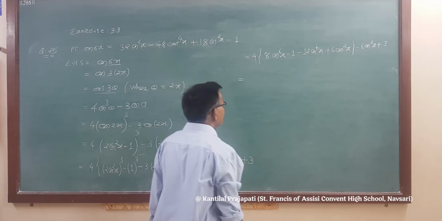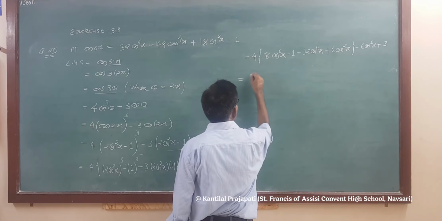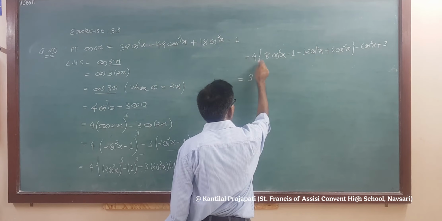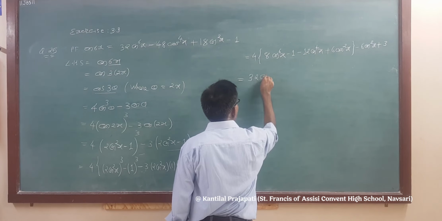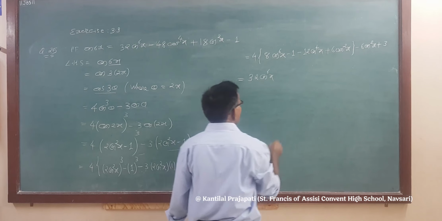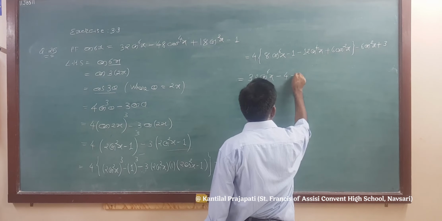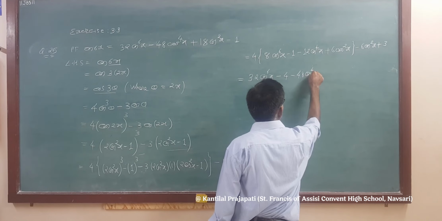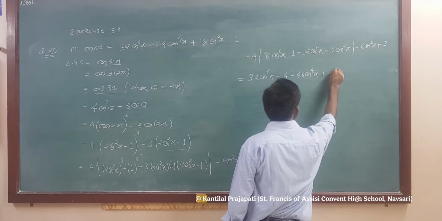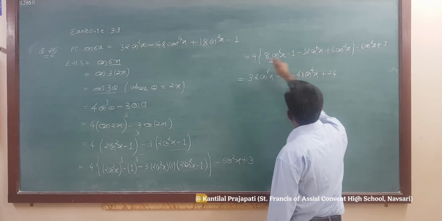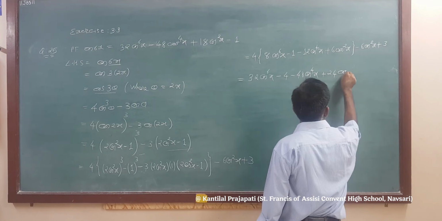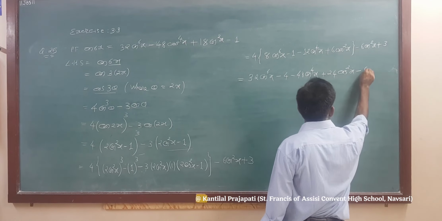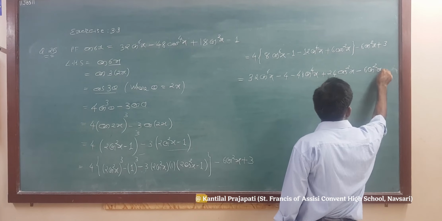Simplify this: 4 into 8 is 32 cos raised to 6x, minus 4 into 12 is 48 cos raised to 4x, plus 4 into 6 is 24 cos square x, minus 6 cos square x plus 3.